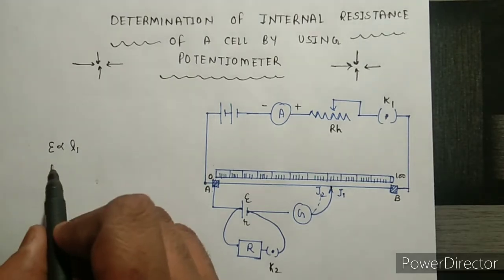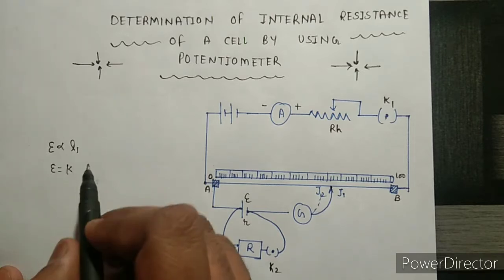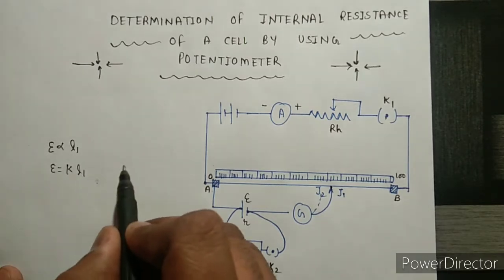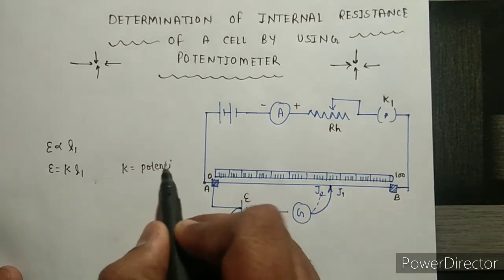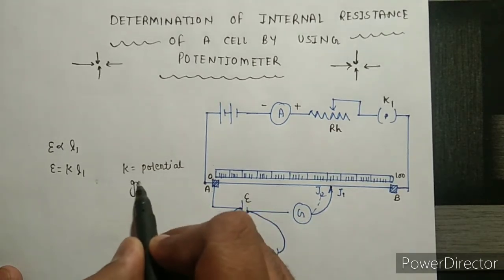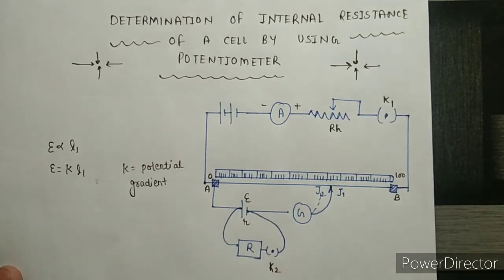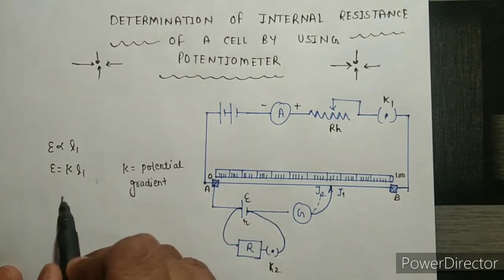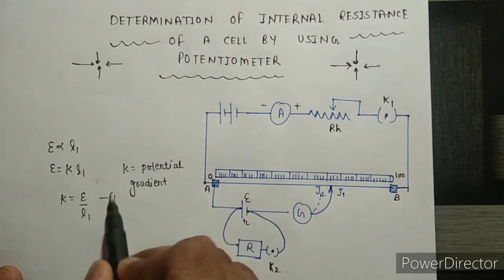Now E is equal to K L1, where K is the potential gradient. So K is equal to E upon L1, equation 1.